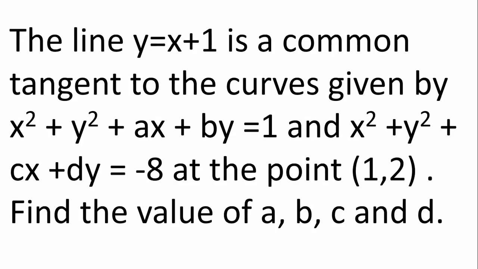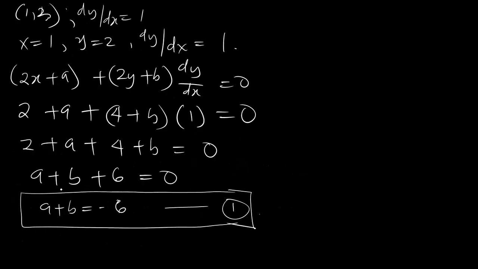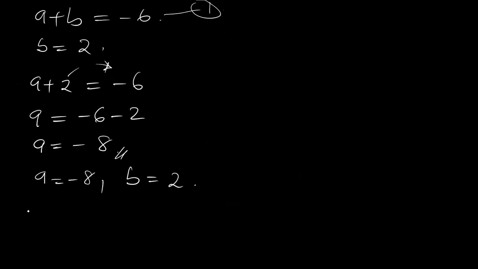Now let's solve for the other one. The other one, you will have x squared plus y squared plus cx plus dy equal to minus 8. So x squared plus y squared plus 3x plus dy equal to minus 8.